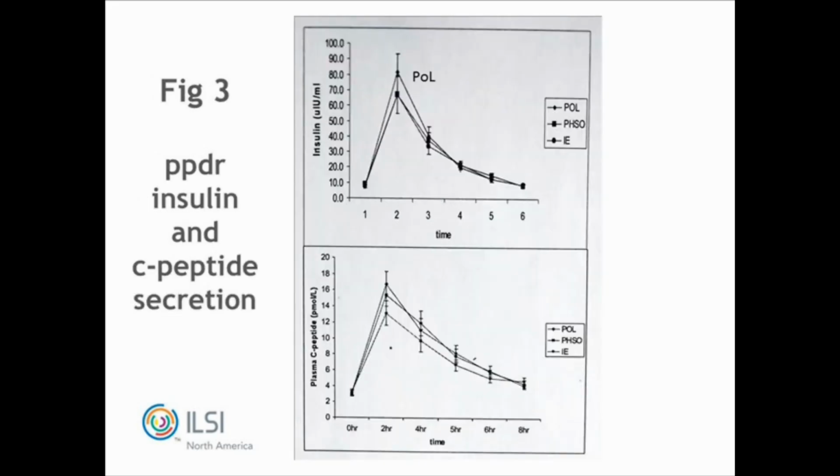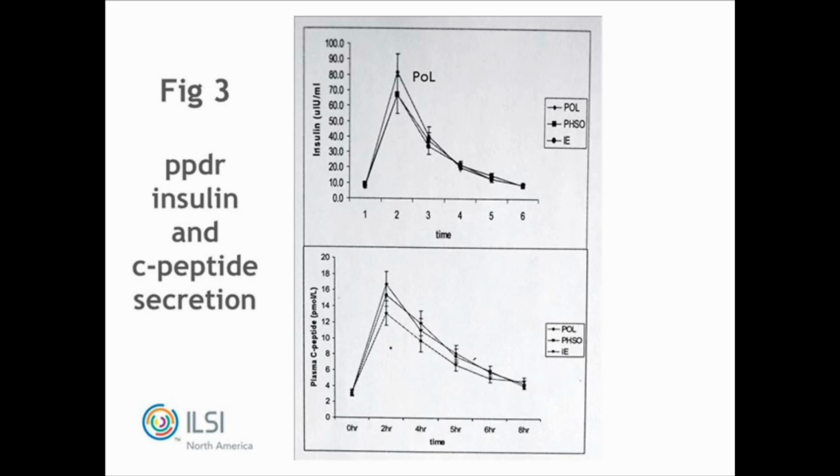Then, to back up the glucose data, we decided to look at insulin secretion in the postprandial period and C-peptide secretion. Again, as Tom pointed out, it's a good marker. C-peptide and insulin come out of the pancreas together in a product called proinsulin, and then the C-peptide is cleaved off, and you have insulin.